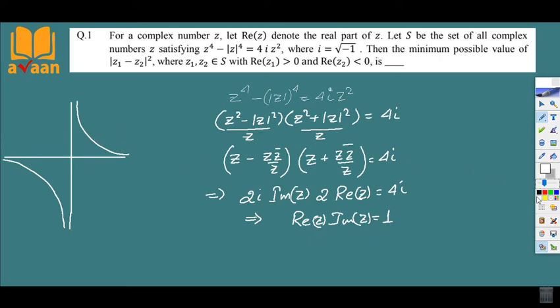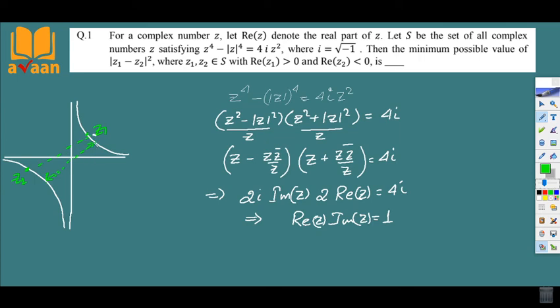If z1 lies here and z2 lies here, the minimum value of mod of z1 minus z2, which is the distance between them, would occur when they are along the common normal, and obviously this is the situation when the length is minimum.